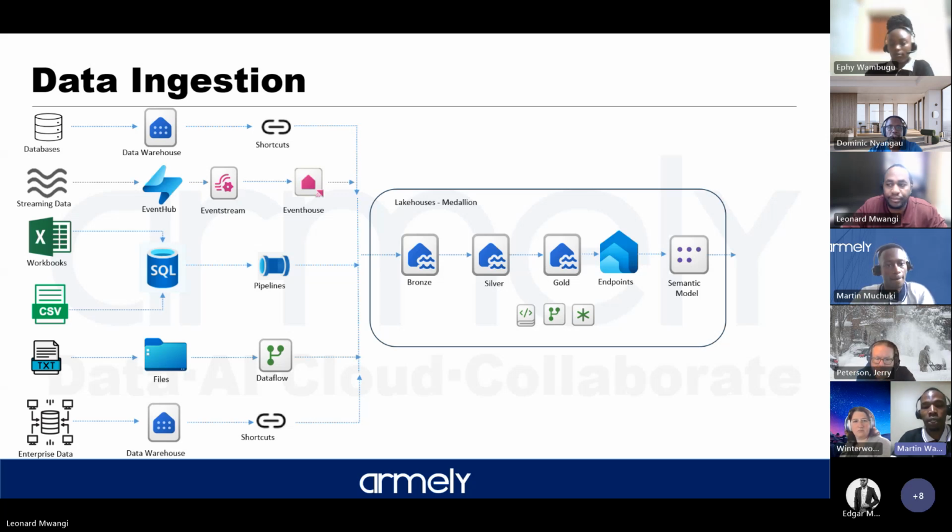After that, we created the silver layer. The silver layer is different from the bronze layer, because here we do data validation and data cleaning. We also change some of the structure of the data. In this layer, we store data in a different format. We store data in Delta tables and Parquet files.